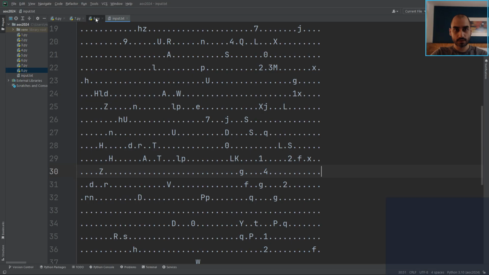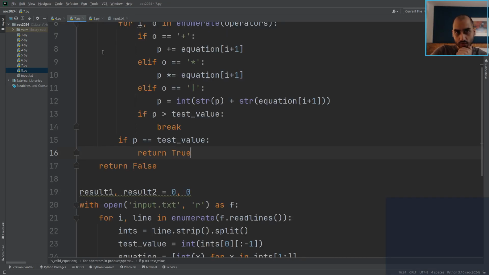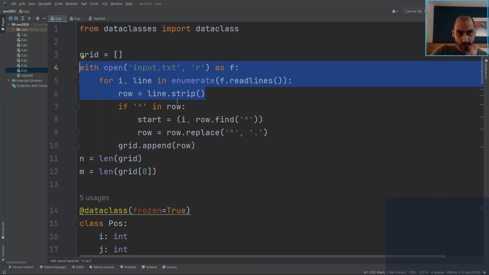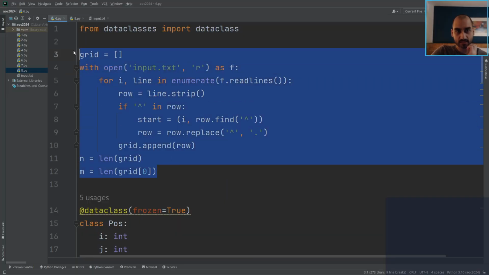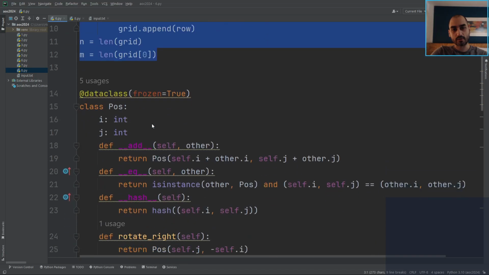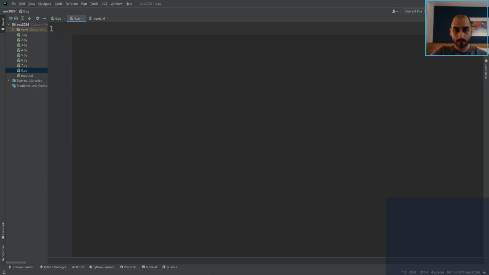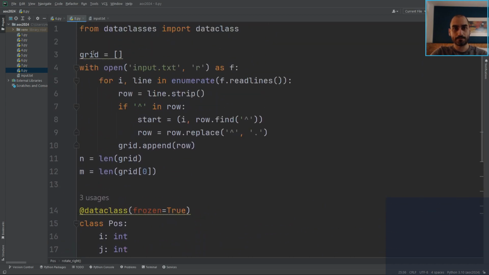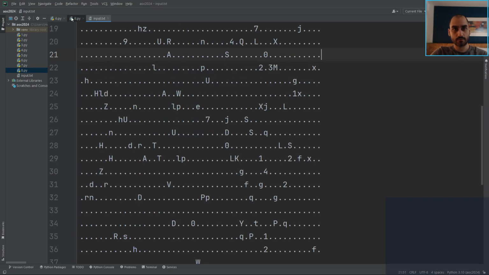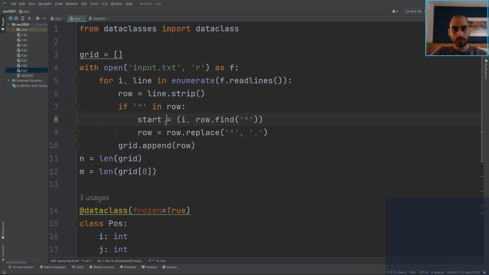Alright, so this was similar to, well, we've got grid stuff, so let's look back at day 6. We can probably copy some of this code here. We could reuse our pos code as well. Copy all of that. Alright, so grid is that with row equals line.strip. We don't need to do any of this yet.